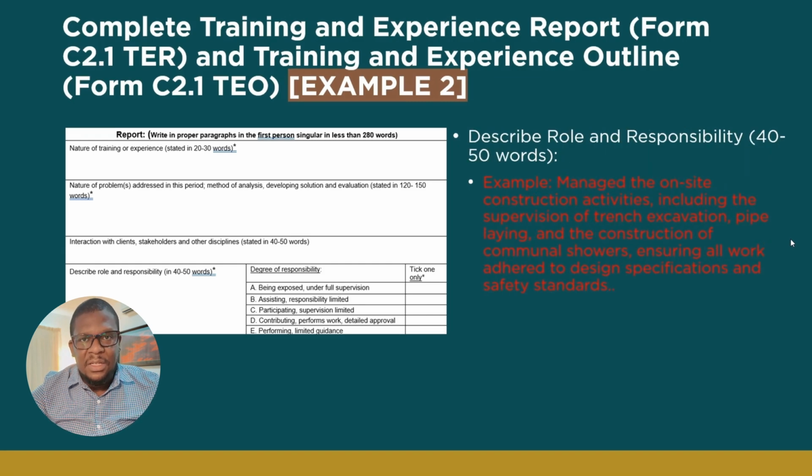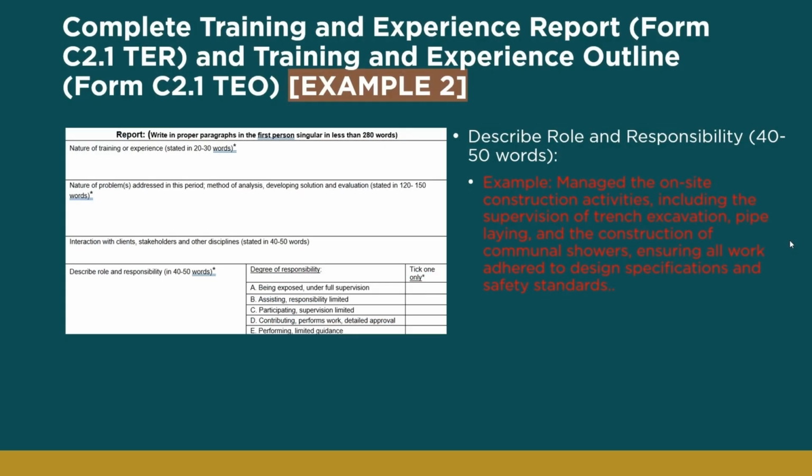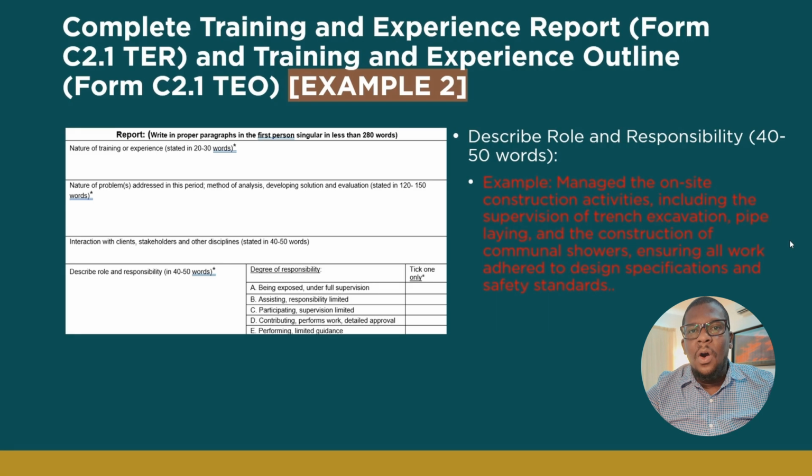Then lastly, describe your role and responsibility. For this project, as an example, I managed the on-site construction activity, including the supervision of trench excavation, pipe laying, the construction of communal showers, ensuring all work adhered to the design specification and safety standards.